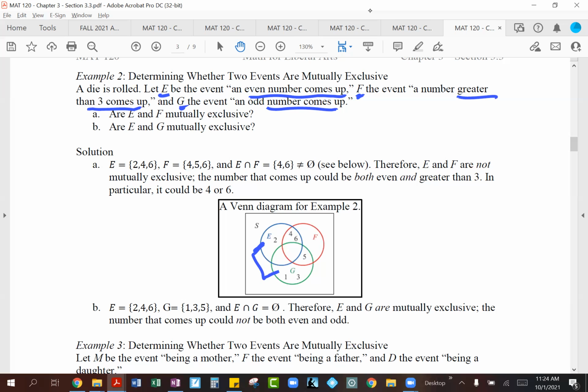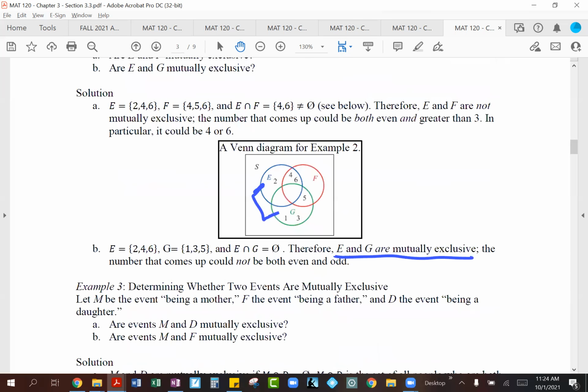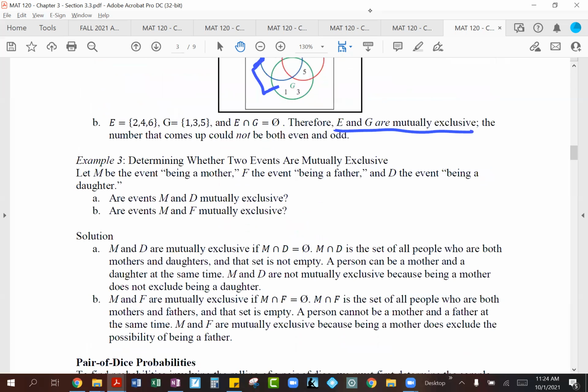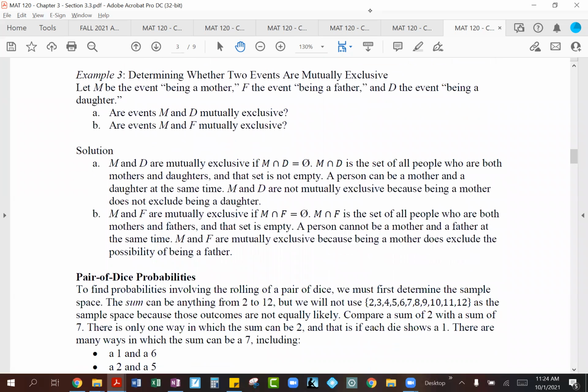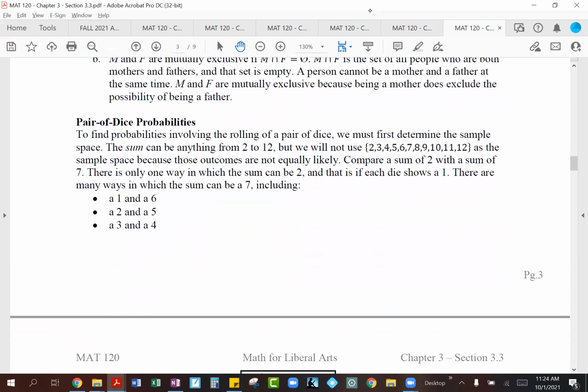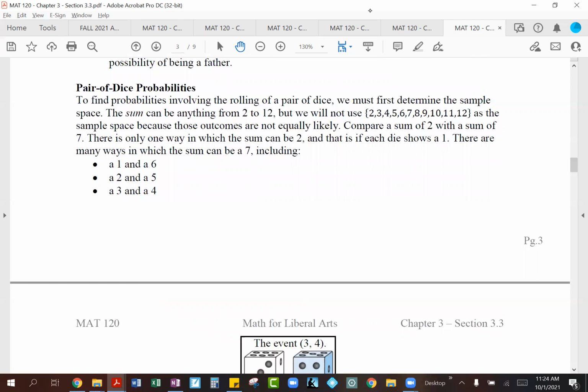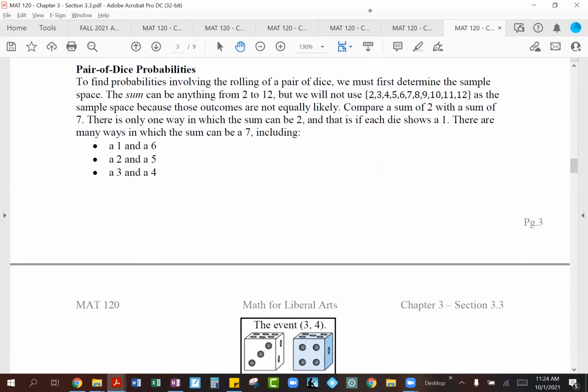So we're also saying sets E and G are mutually exclusive. That's a little highlight of how you can use this idea of mutually exclusive events. And based on that, we can come up with our probabilities also. Here's just another example of using dice.